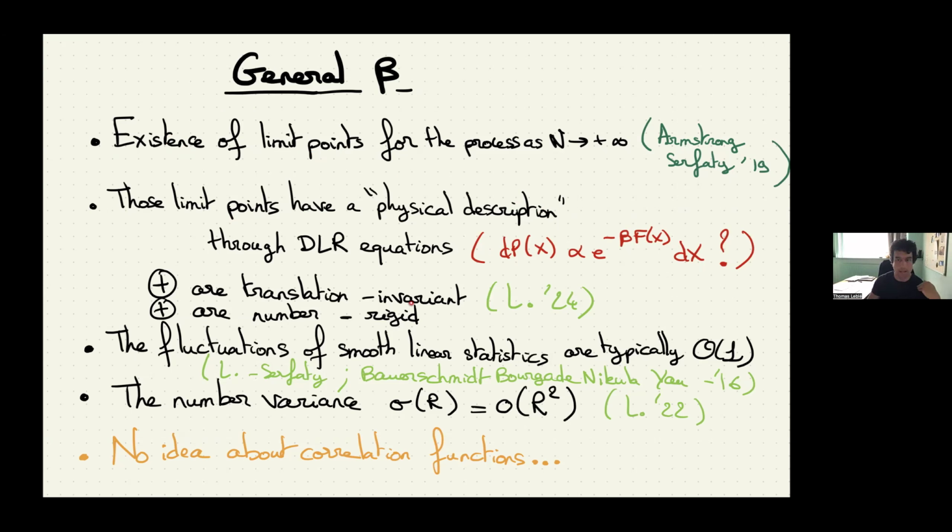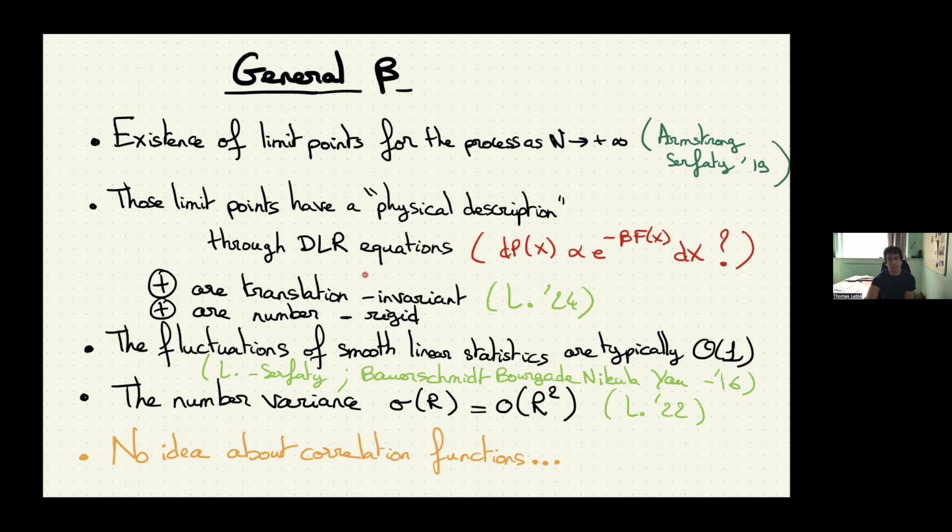Plus, I can ensure that they are all translation invariant. So the Mermin-Wagner statement remains true at least for translations. I don't know about rotations, but all these limits are stationary. And as a byproduct of something else, you also get that they are number rigid for all beta. Okay, so that's kind of funny to think about.